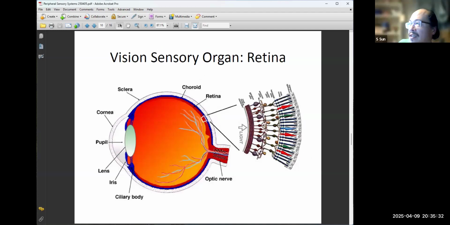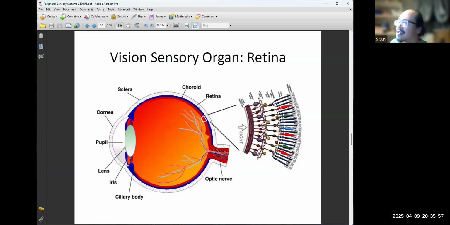So the retina is where the sensory neurons are located. Here you have the photoreceptors to detect the photons, to detect the light. So at the back of your eye, you have the most inner layer, the retina, that detects the light and serves the function of seeing.